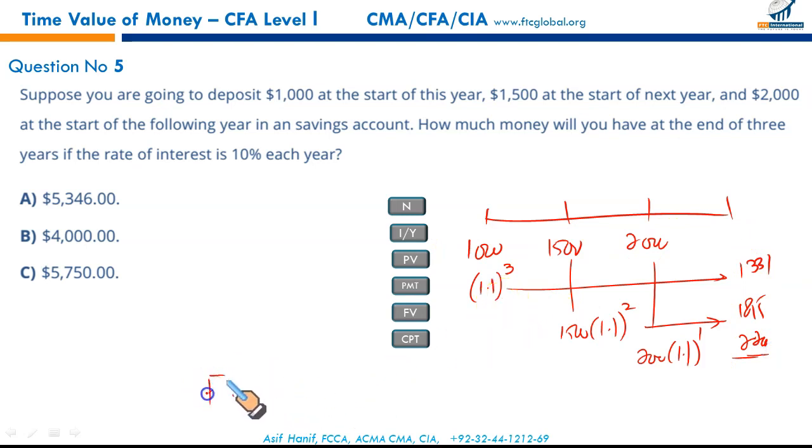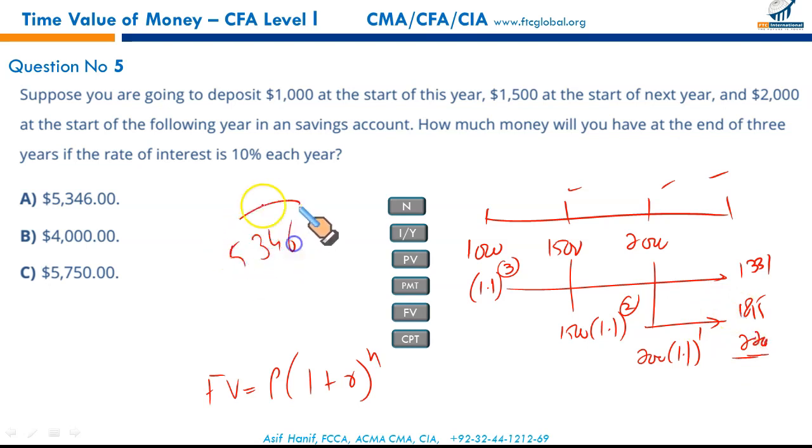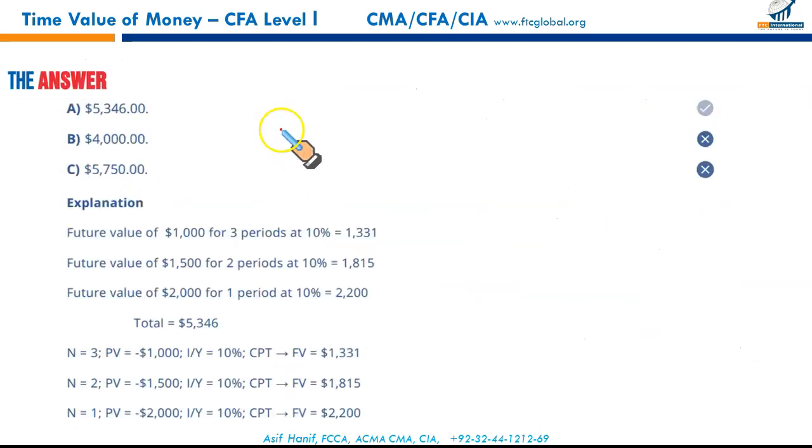I'm sure you remember, FV is equal to P into 1 plus R raised to the power N. So for these 3 periods into the future, year 1, 2, 3. For this 2 periods into the future, year 2 and 3, and for this for year 1 only. So adding all these, 1,815, 1,331 and 2,200 gives you 5,346. So the future value of these uneven cash flows is A, 5,346.